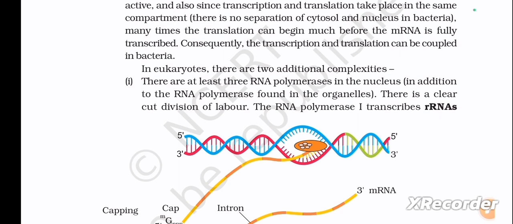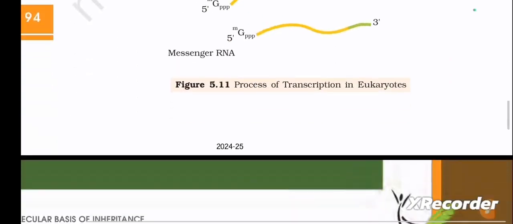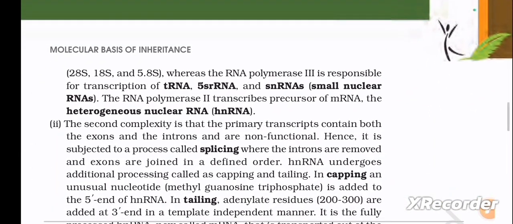RNA polymerase I transcribes rRNAs, that is 28S, 18S, and 5.8S, whereas RNA polymerase III is responsible for transcription of tRNA, 5S rRNA, and snRNAs, small nuclear RNAs. RNA polymerase II transcribes the precursor of mRNA, the heterogeneous nuclear RNA, hnRNA.